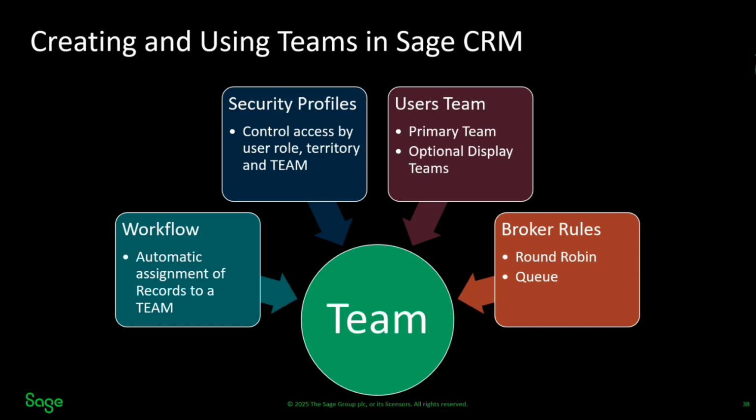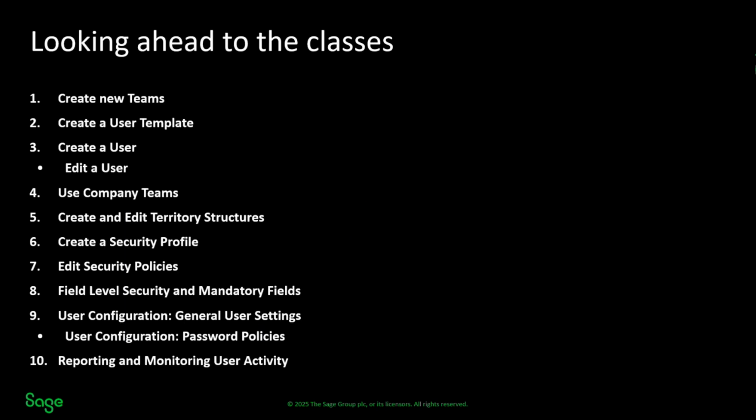Now, I am just about at the end of what I wanted to say about teams there. We're going to be picking these ideas up and using them in the forthcoming lessons. So as we go on and discuss not only the concept of the user template, but the setup of the users themselves, we will explore more about the functional groups within a particular team.